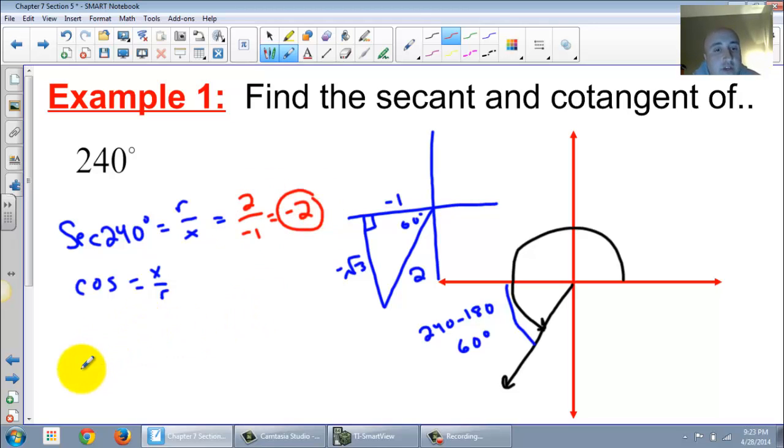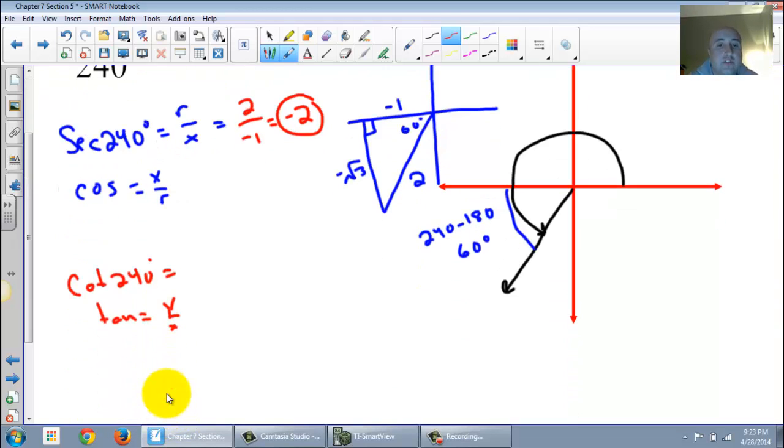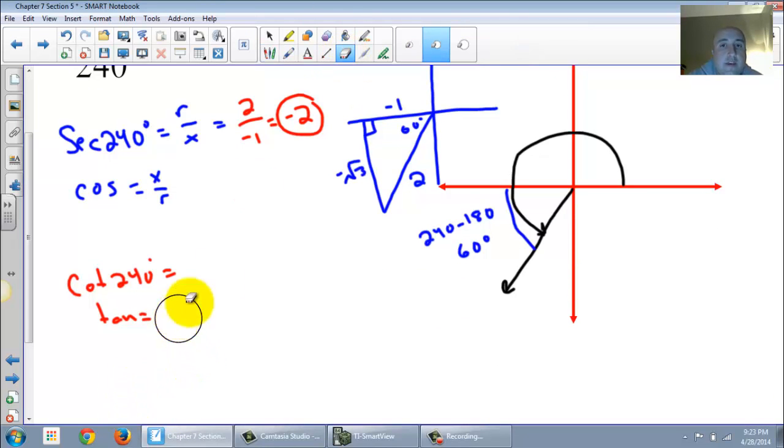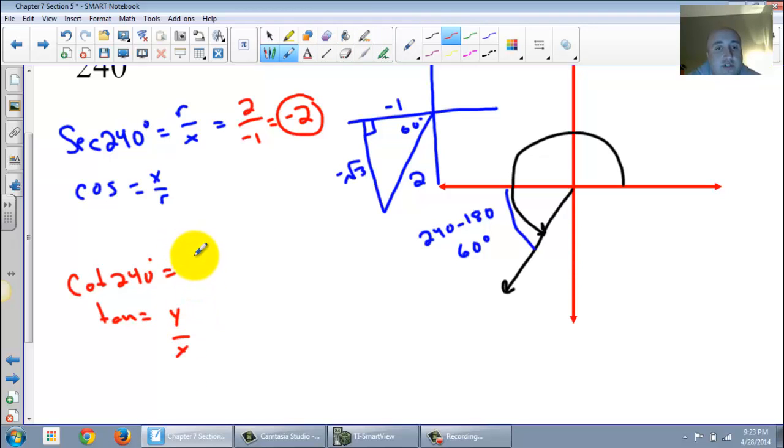Now let's look at the cotangent of 240. If tangent is y over x, cotangent is x over y. So what's our x? Our x is negative 1. Our y is negative root 3.